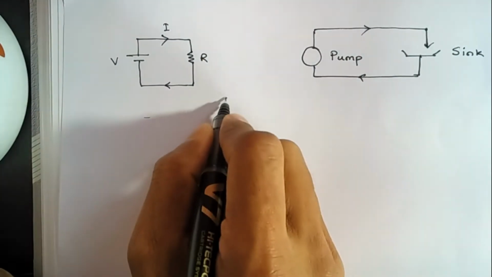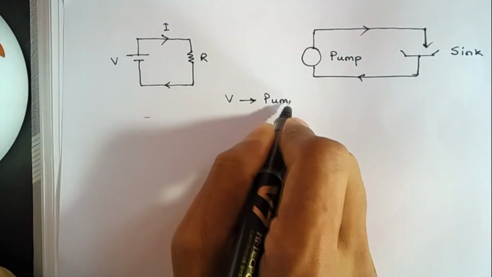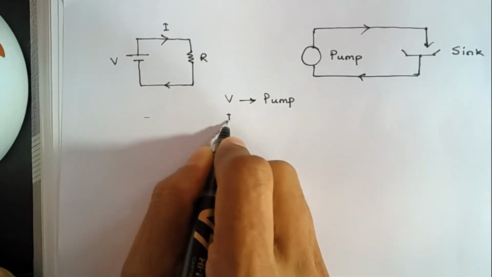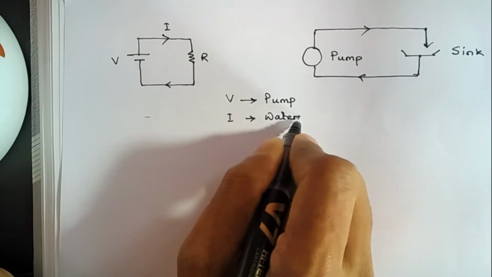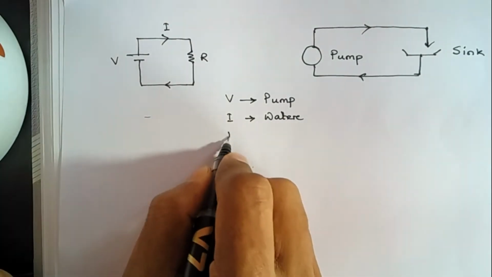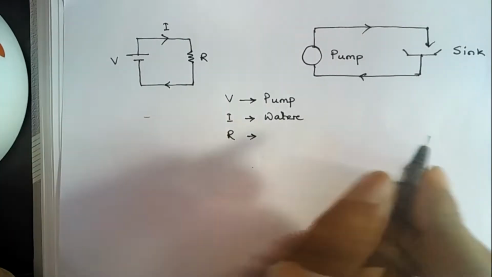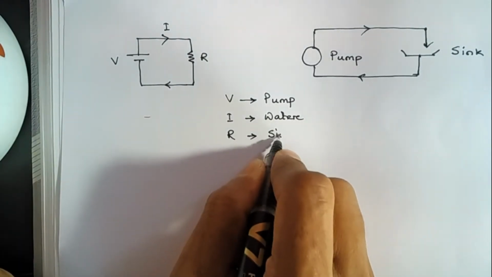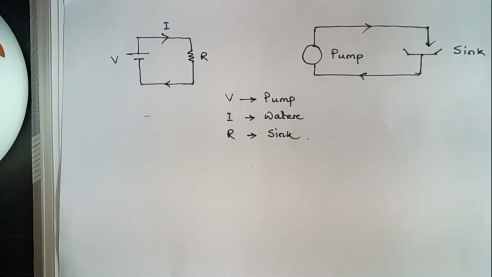So here voltage is analogous to the pump, current is analogous to water, and resistor or resistance is analogous to the sink.